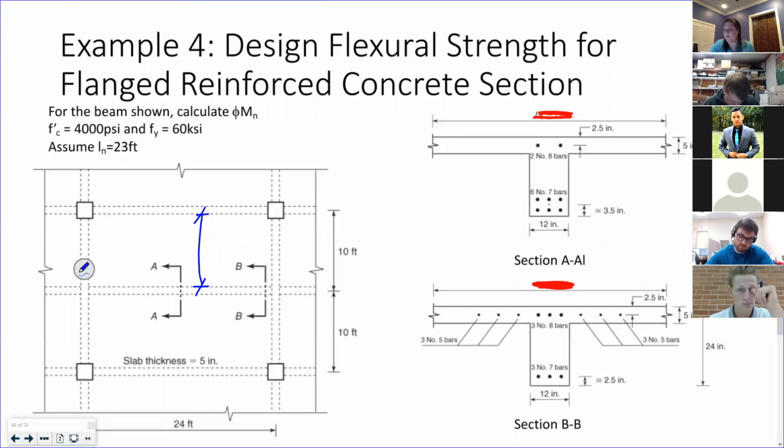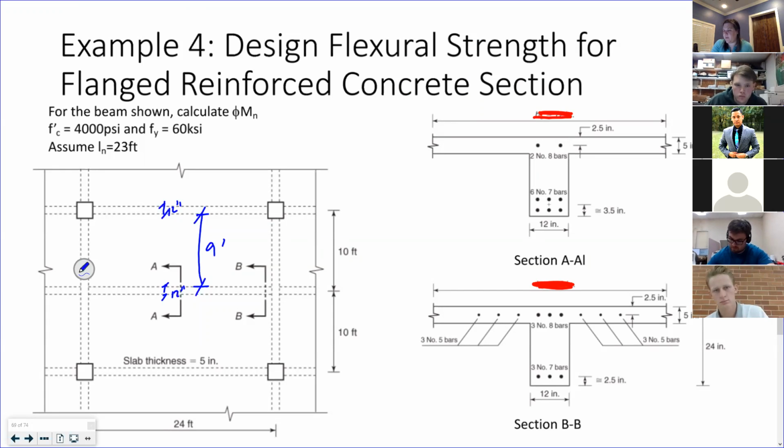And if the beams are 12 inches wide, you subtract 6 inches and 6 inches, you get 9 feet. Center to center is 10 feet, but I need the clear distance, so I need to subtract half from either side.